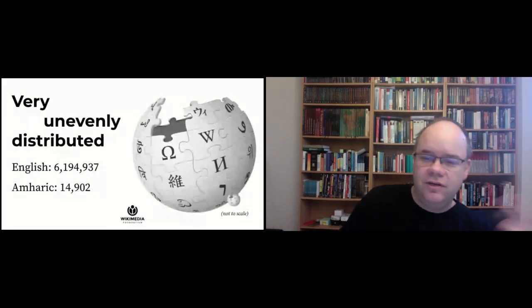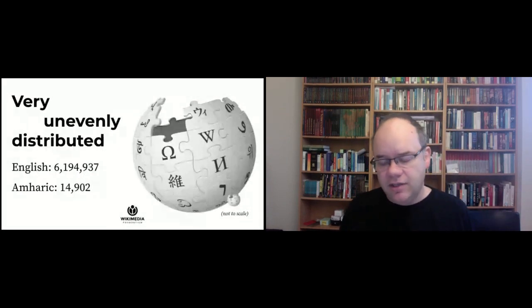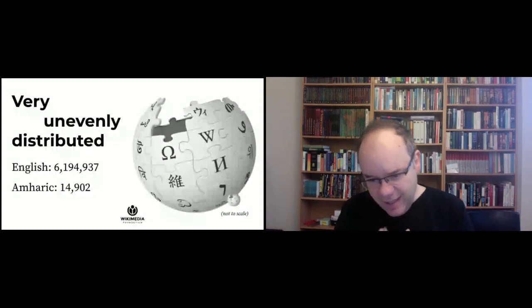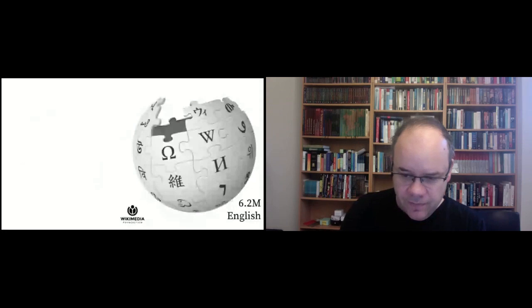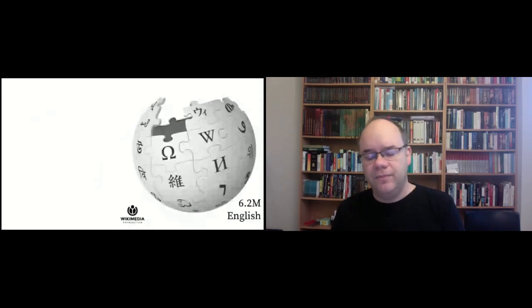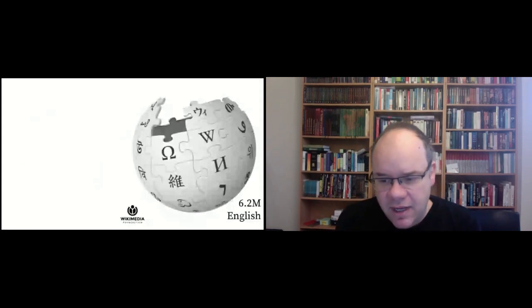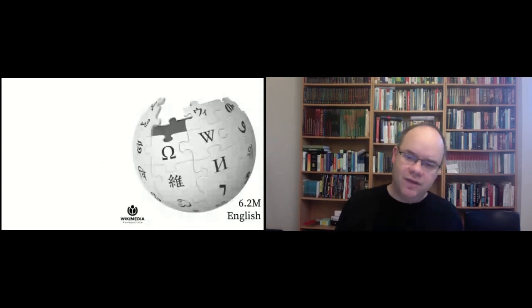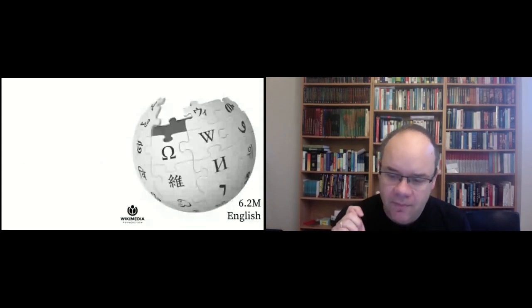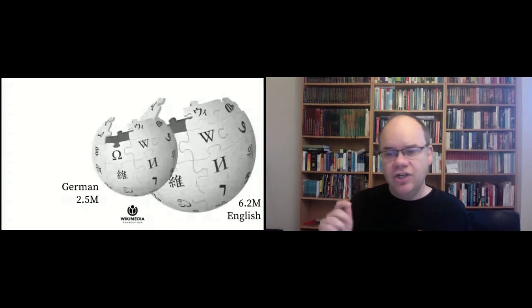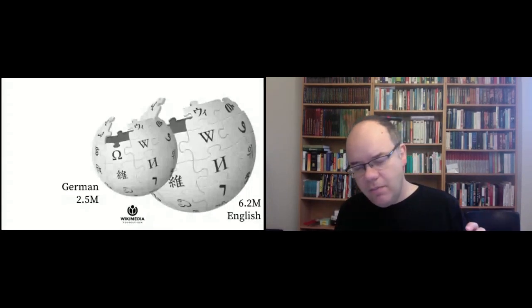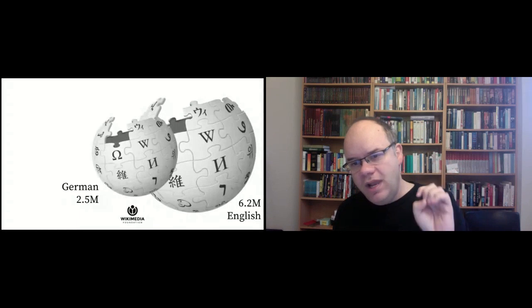But it's not just that the big Wikipedias have all the content and the small Wikipedias don't have much content. It's also even English. So let's take a look at English and compare it to German. German has 2.5 million articles, English has more than 6 million articles. But the interesting thing is, if you look at which articles are covering the same topics, the overlap is only 1 to 2 million articles.